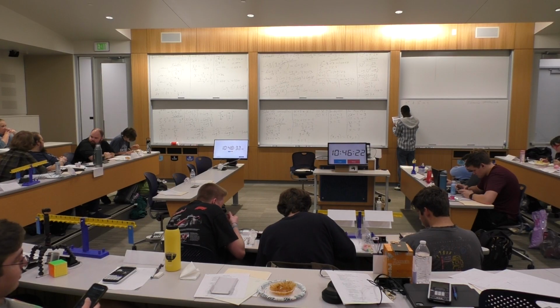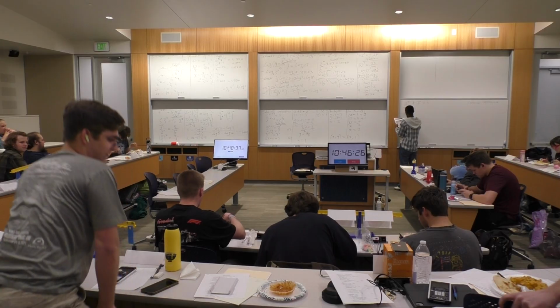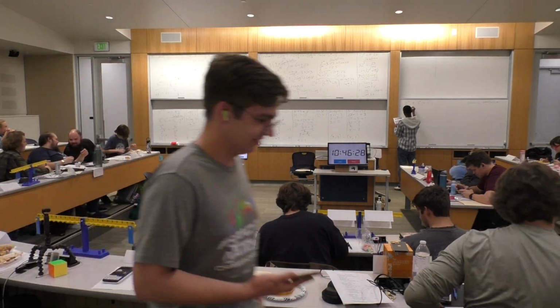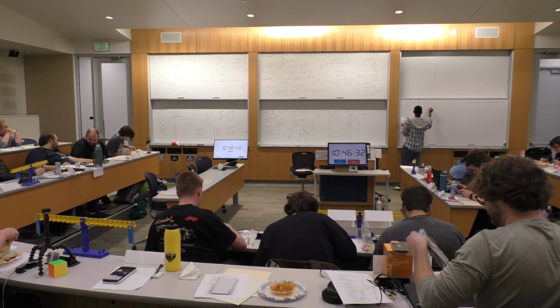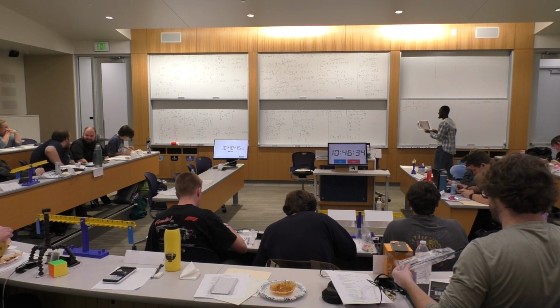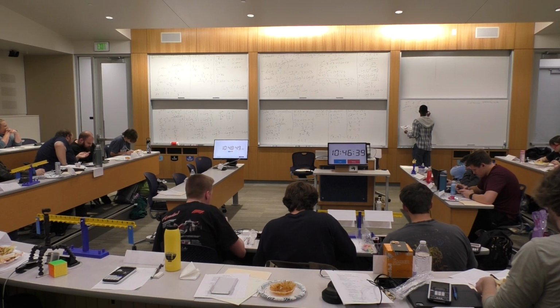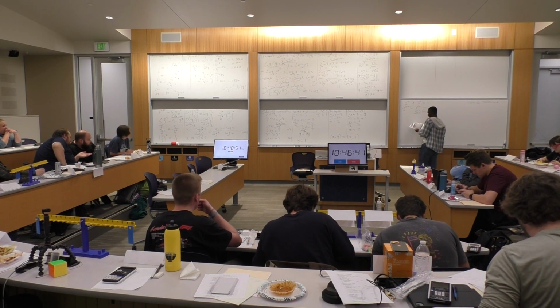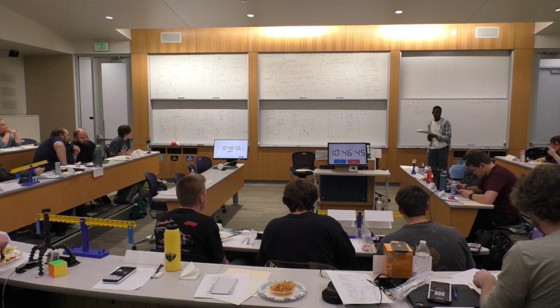The second equation is 2^(x+2) minus 3^(y+1) equals 8. So from this, we want to find the value of x and y.